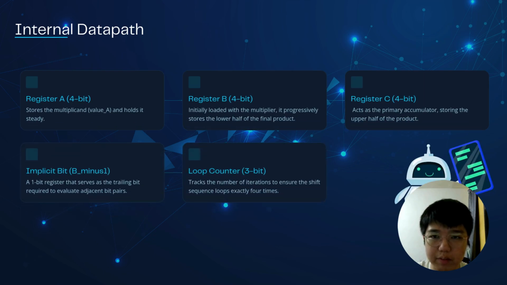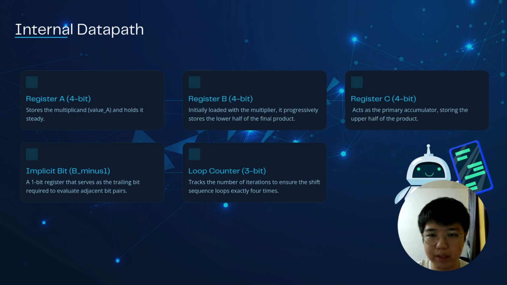I'm Wong Chi Hee, and I will be talking about the internal data path. First, we have register A and register B, 4 bits each, to hold the first and second values. Next, we have register C. Register C will be the upper 4 bits of the final product, and it holds the value updated in each operation of the code.